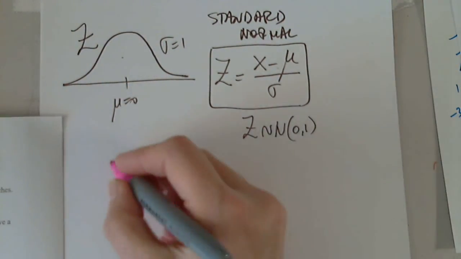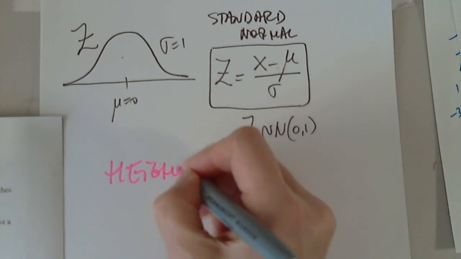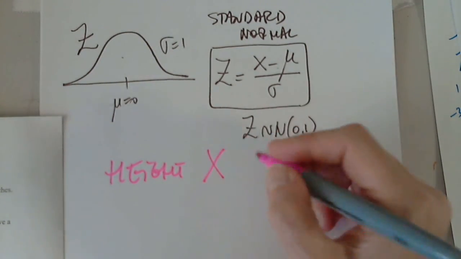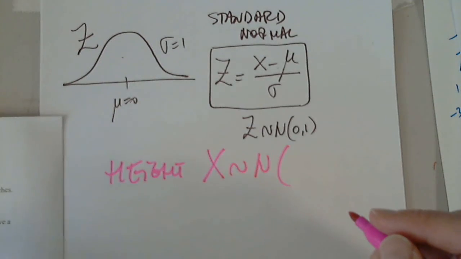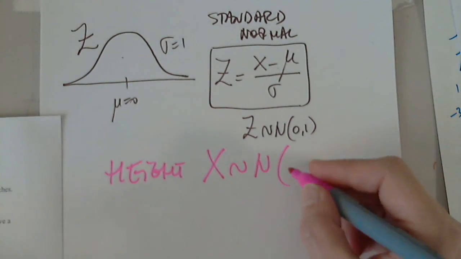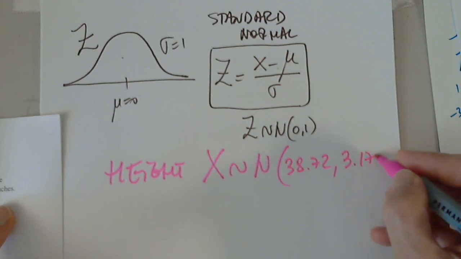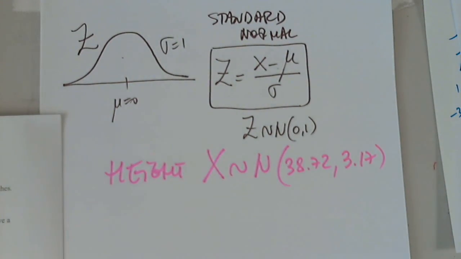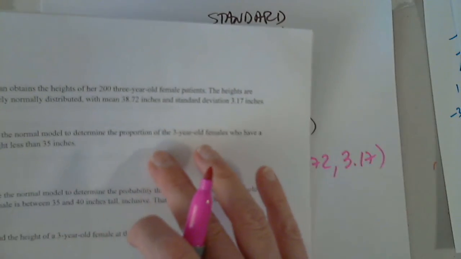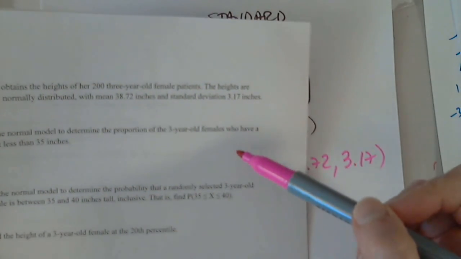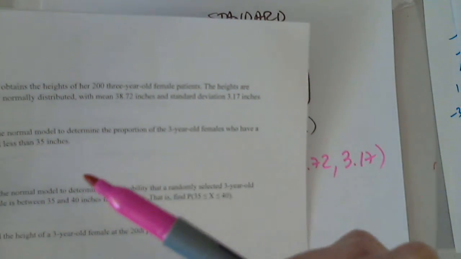So the height is a random variable which is normally distributed, and they're telling us that 38.72 is the mean and 3.17 is the standard deviation. Use the normal model to determine the proportion of 3-year-old females who have a height less than 35.